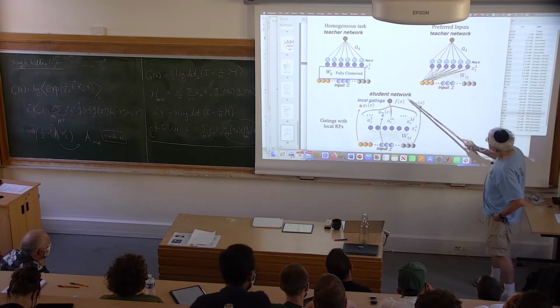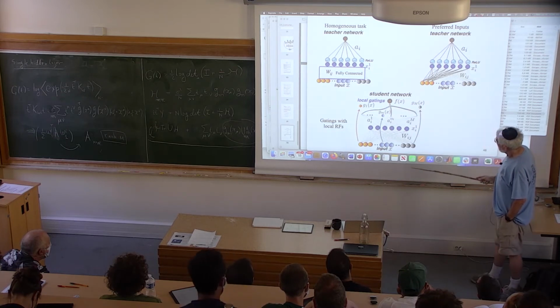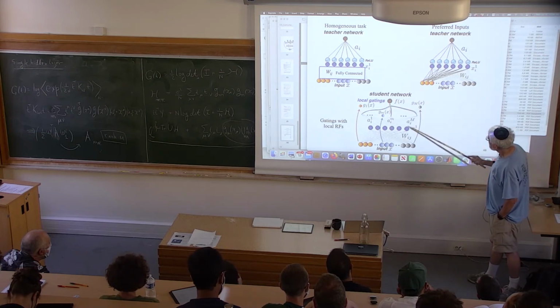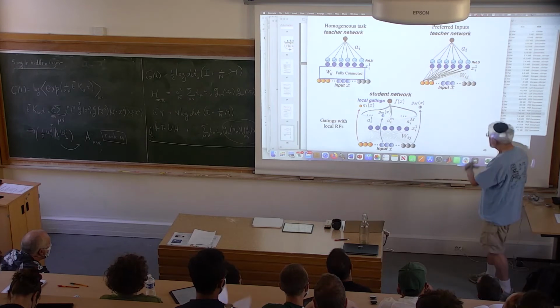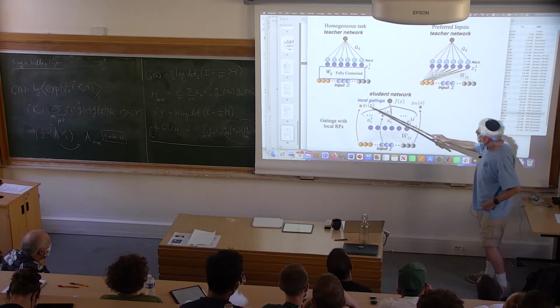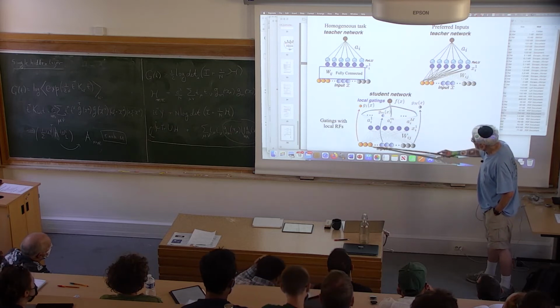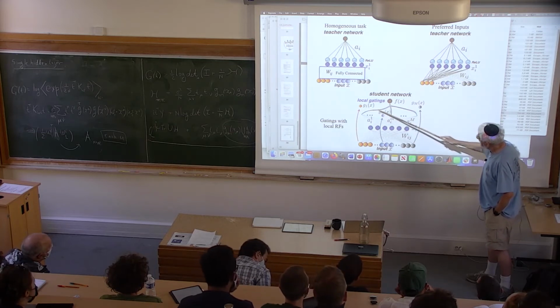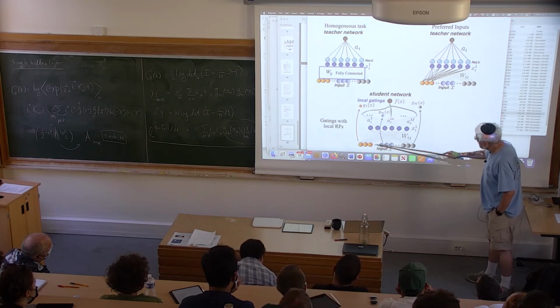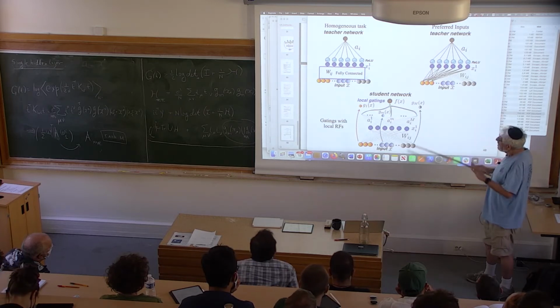Now for the student network, we used gating, where the gating units are random. The V of the gating units are random, but they have localized receptive fields. So each set of G's looks at one part of the input, okay? But they have the same strength.